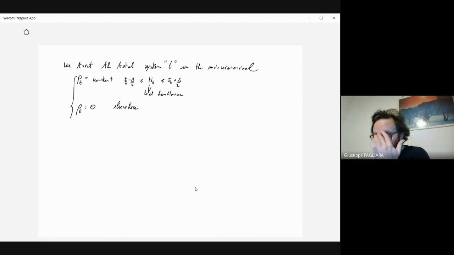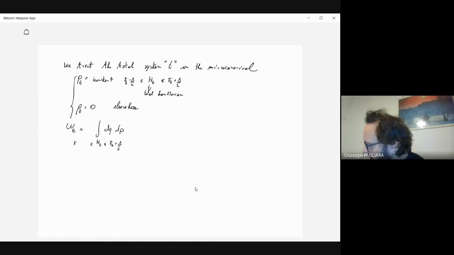Okay, and if you remember, to compute the microcanonical ensemble, we have to determine, apart from some normalization factor, which can be fixed at the end, omega of T, which was the total volume occupied in the phase space, which was this integral over dq and dp, with the constraints that the Hamiltonian is smaller than Et plus delta divided by 2, larger than Et minus delta divided by 2. So these are all the microcanonical ensemble for the total system, so the same equation.